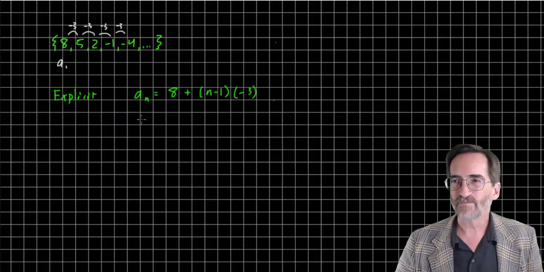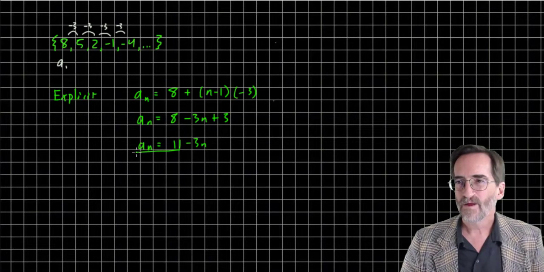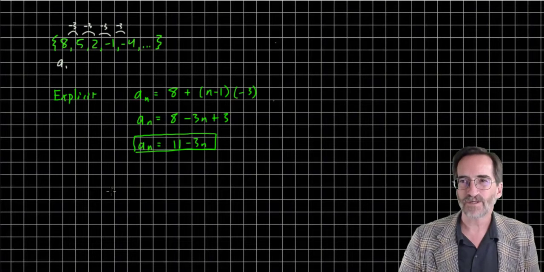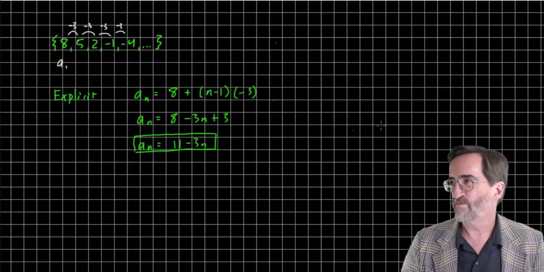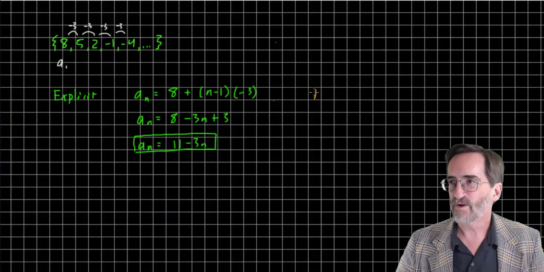This can be simplified, of course, to 8 minus 3n plus 3, which can be simplified to 8 plus 3 is 11 minus 3n. Okay? So do be aware there are different forms you can change the explicit formula to, but they are all built off the same thing.